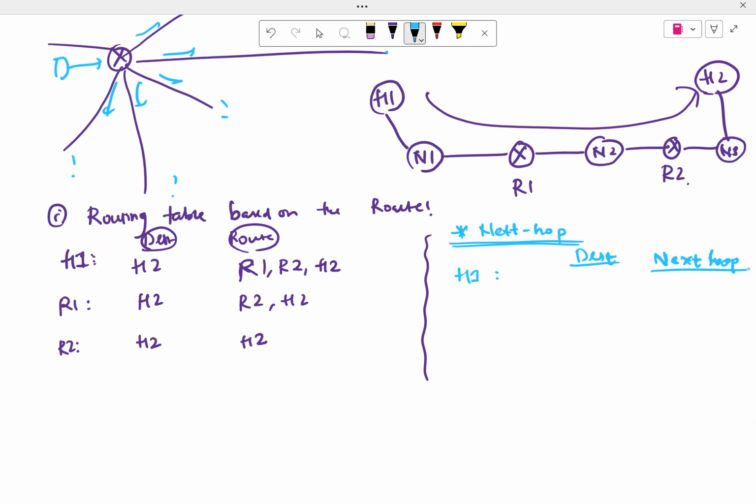Destination would be H2, next stop is router one. At router one, destination is H2, next stop is router two. At router two, destination is H2, next stop is H2 as well. Or you can put it like this, dot dot.